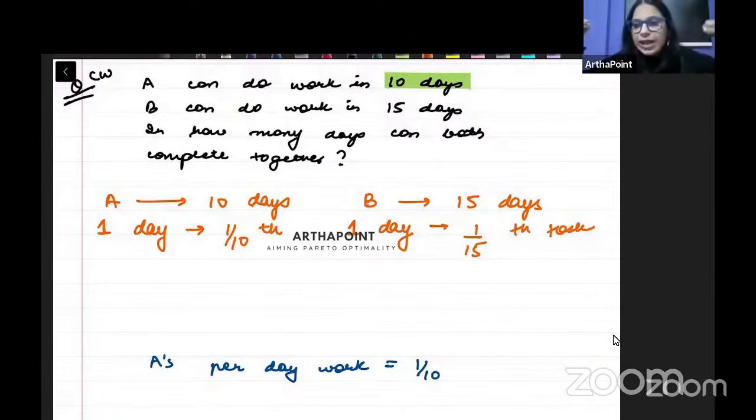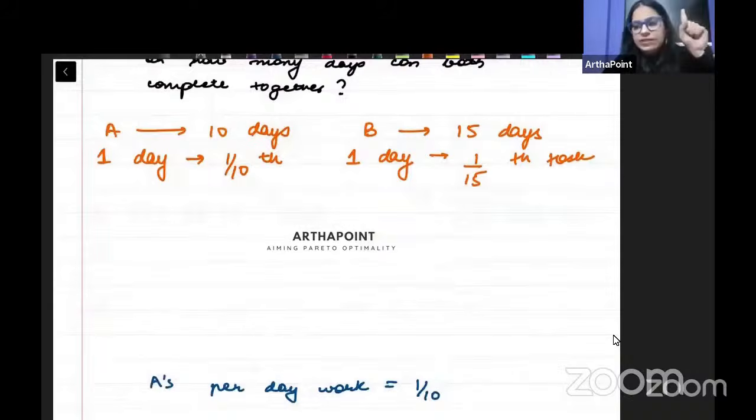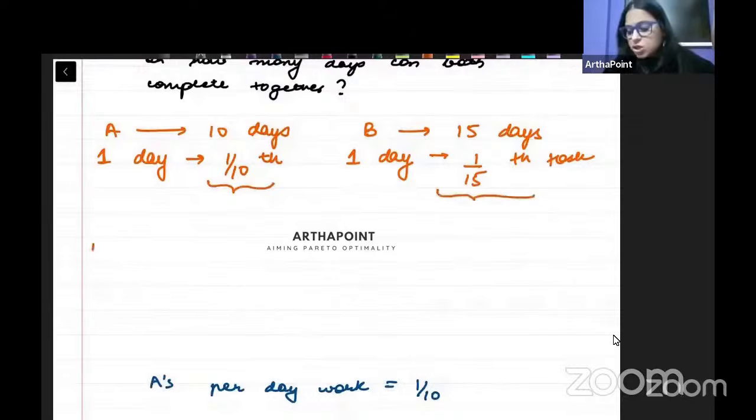I am putting A and B together. How much task will A and B be able to do together? In 1 day, A will do 1/10 of the task. In that same day, B will do 1/15 of the task. So together, A and B will do 1/10 plus 1/15 of the task in 1 day.